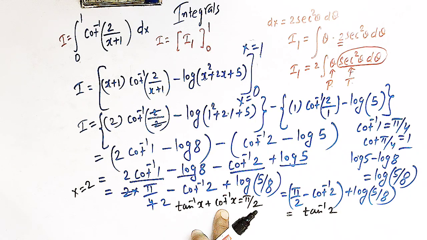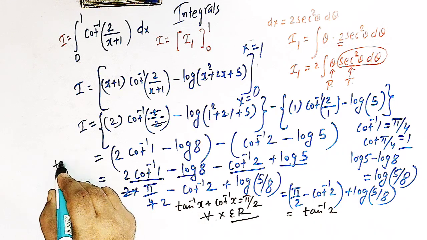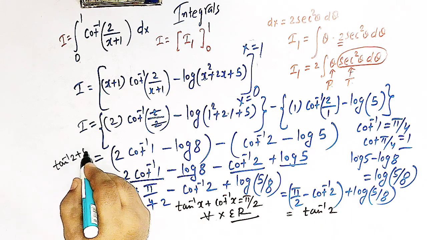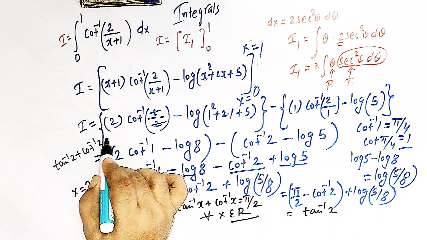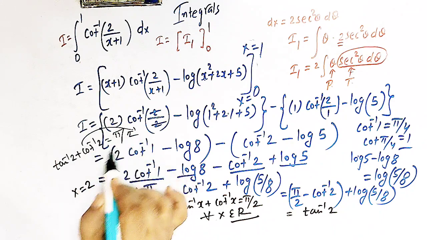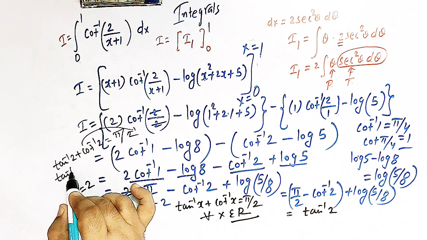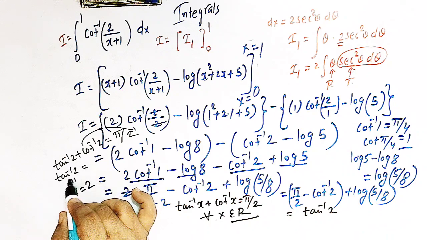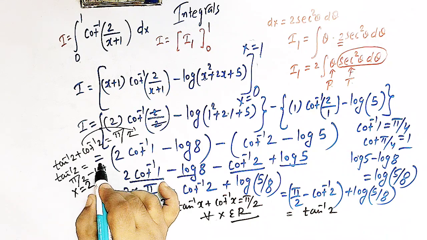So tan inverse x plus cot inverse x is equal to pi by 2 for all values of x belonging to the set of real numbers, right? So when we take x is equal to 2, we have tan inverse 2 plus cot inverse 2 is equal to pi by 2. So taking cot inverse 2 to this side, we have tan inverse 2 is equal to pi by 2 minus cot inverse 2.